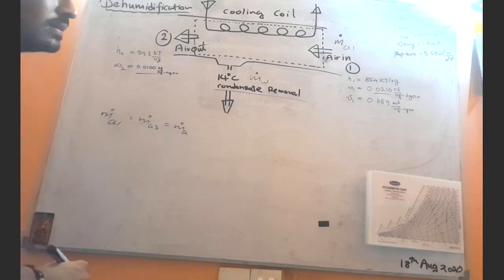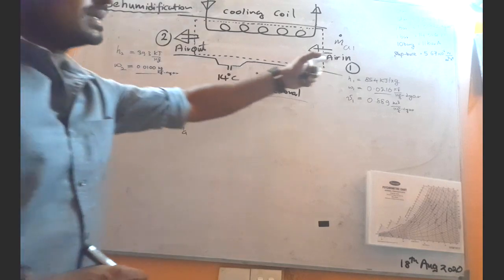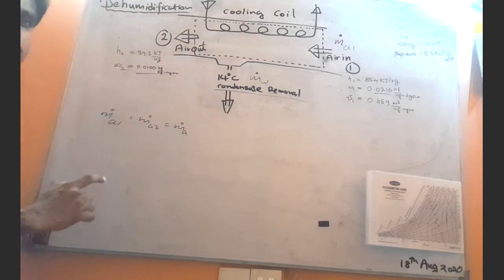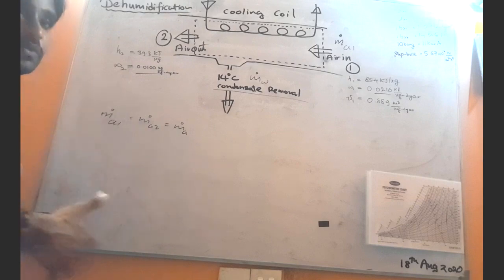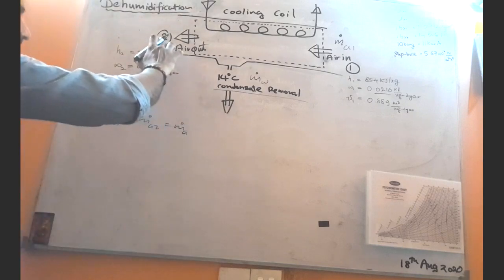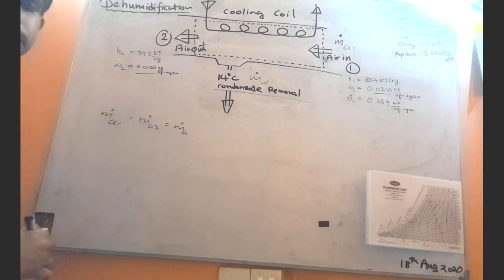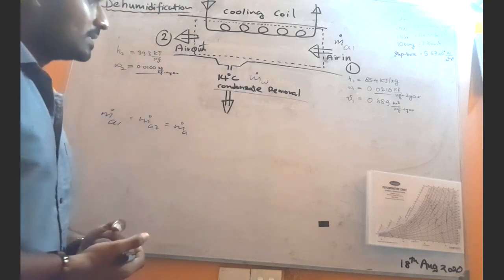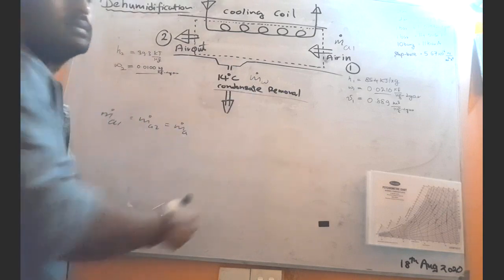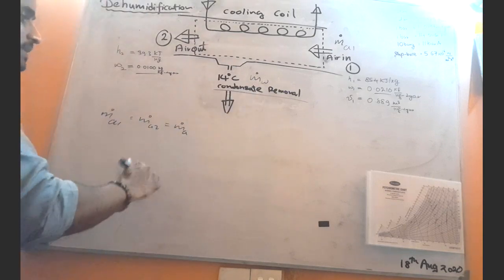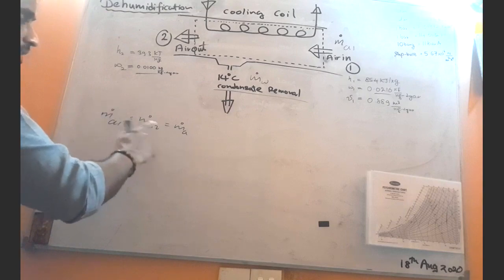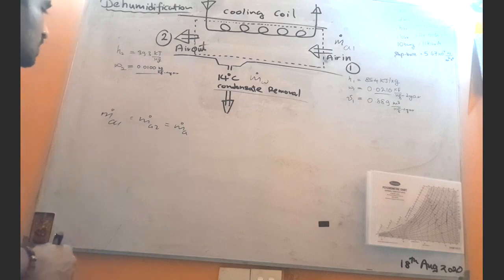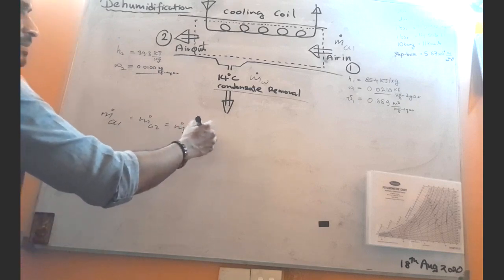Got the point? The dot represents flow rate. Here we don't have to consider any flow rate of air mass, because here we have condensate removal. So ma1 dot equals ma2 dot equals ma dot. This is equation number 1.